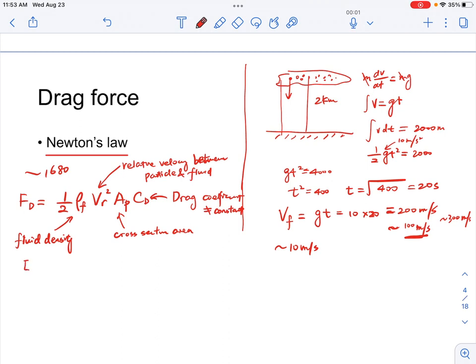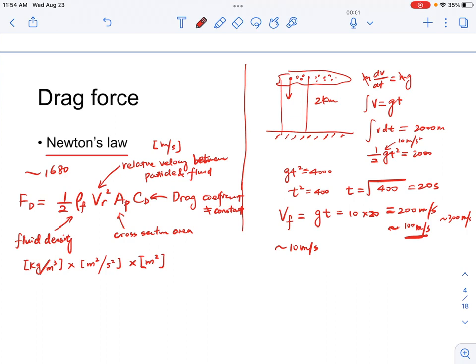The fluid density carries a unit of kilogram per meter cubed, and the relative velocity is meter per second, right? So you're going to have meter squared per second squared. And then A_P is a cross-section area, so another meter squared. And the drag coefficient is unitless, right?